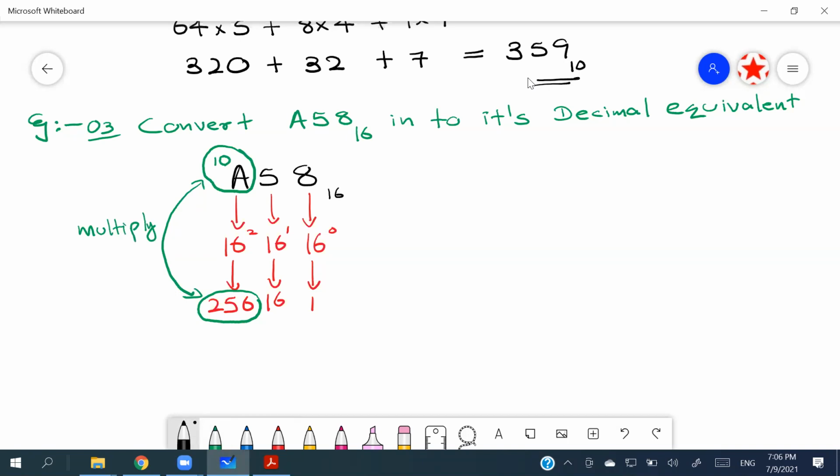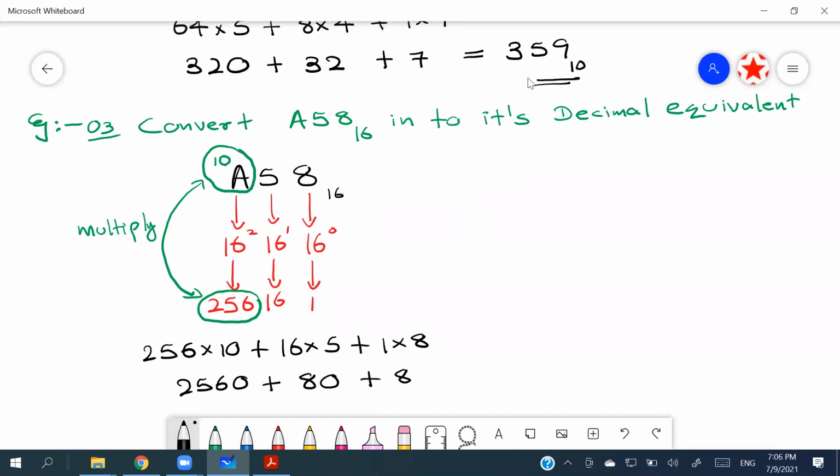So it's going to be 256 into 10 plus 16 into 5 plus 1 into 8. So 2560 plus 80 plus 8.